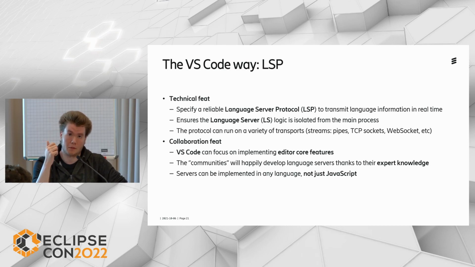And when VS Code opened the IDE with this LSP, people could extract the features from the compiler to make ClangD, which is a language server from it. And the neat thing is that with this architecture, you don't need to implement your language logic in JavaScript. You can use whatever language you want, and communities just jumped on it.